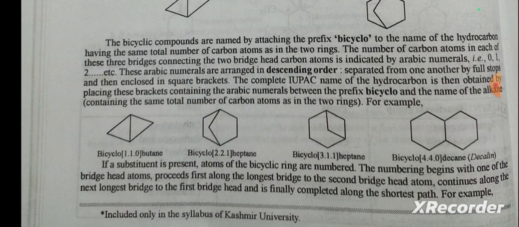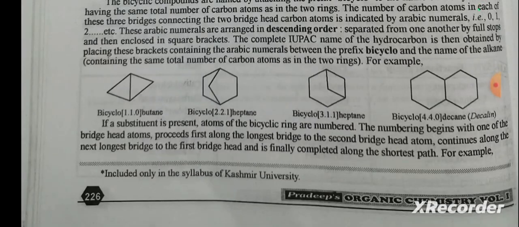The complete IUPAC name of the hydrocarbon is obtained by placing these brackets containing the Arabic numbers between the prefix bicyclo and the name of the alkane containing the same total number of carbon atoms as in the two rings. For example, bicyclobutane, bicycloheptane, bicyclo[4.0.0]decane.